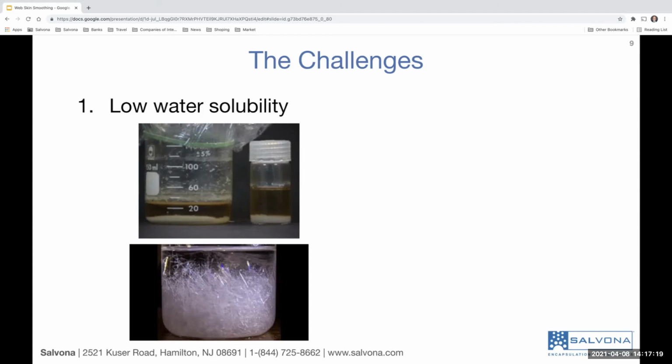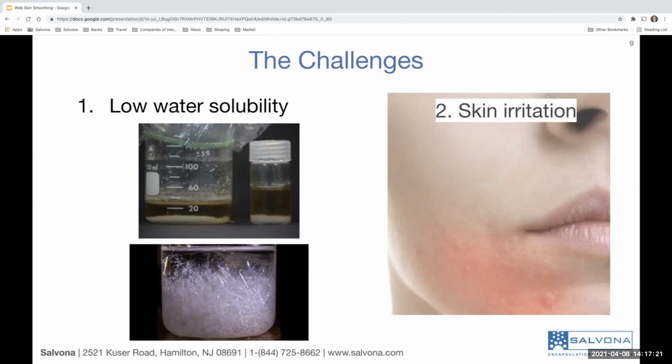The other major challenge using beta hydroxy acid is that it's irritating, especially to consumers with sensitive skin. And almost most of the consumers today will admit they have sensitive skin. So a regular solution to smooth the skin with salicylic acid is full of challenges. What is the solution?